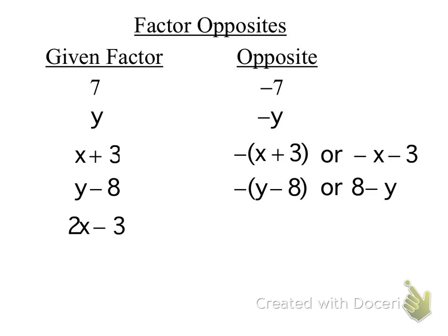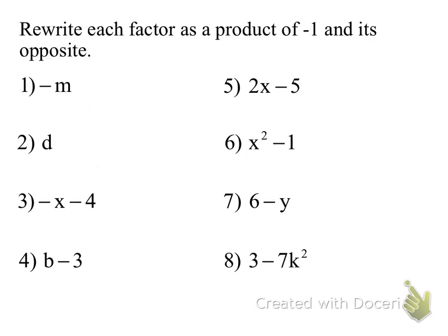Right? Okay, what would this be the opposite? 3 minus 2x. What's this one going to be, everybody? 5x minus 6. Okay, you get the idea? All right, now, how do I rewrite this as a product of negative 1 and its opposite? Negative 1 times the opposite of negative m is?